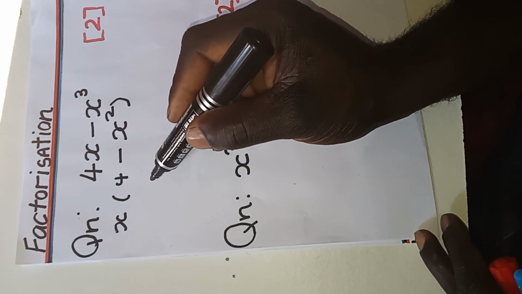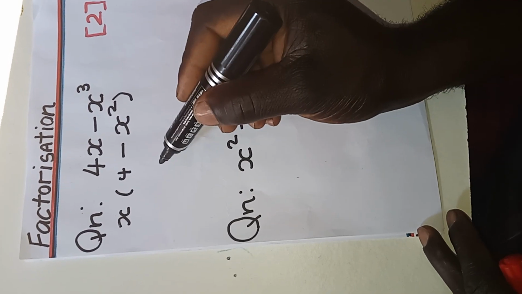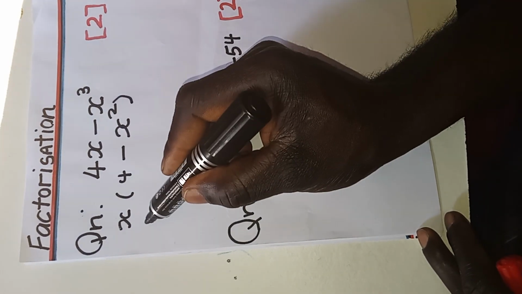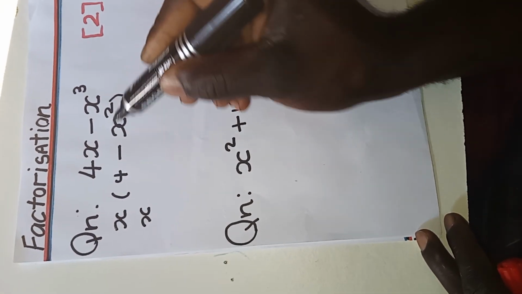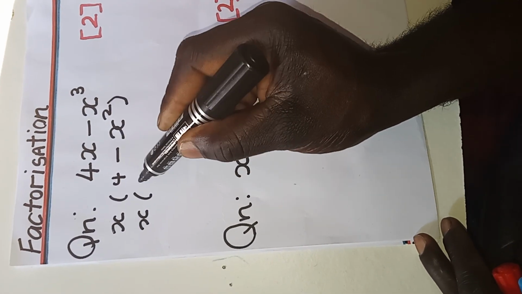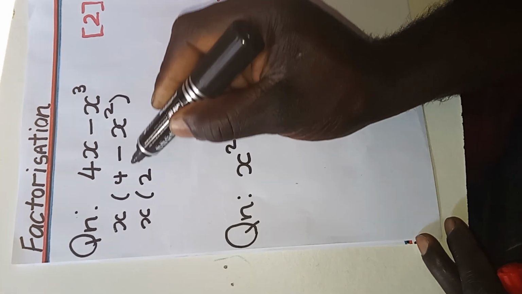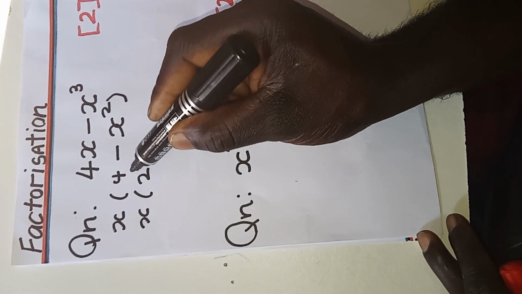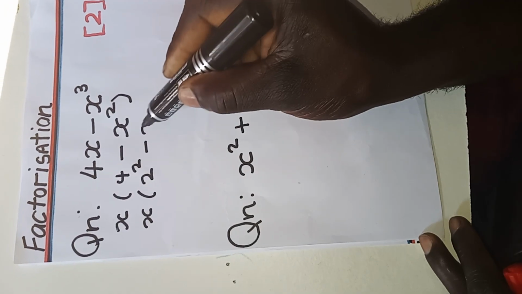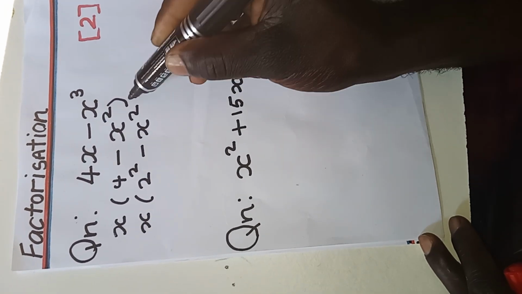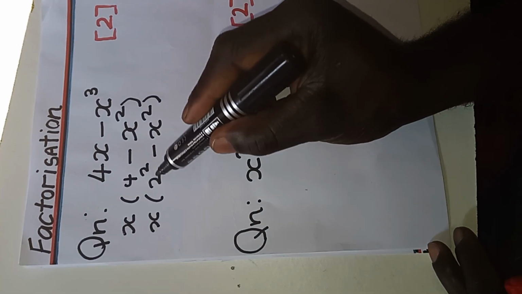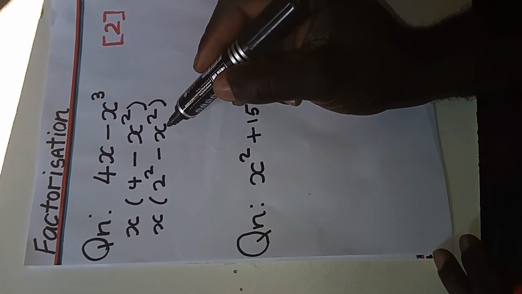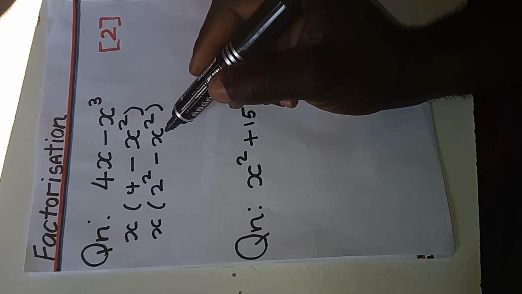Now, to those who are quick to realize something, having an x outside and a 4 and an x squared, it shows that a 4 can be expressed as 2 squared minus x squared, and we close the bracket. Now we have 2 squared minus x squared, then we have the difference of 2 squares.